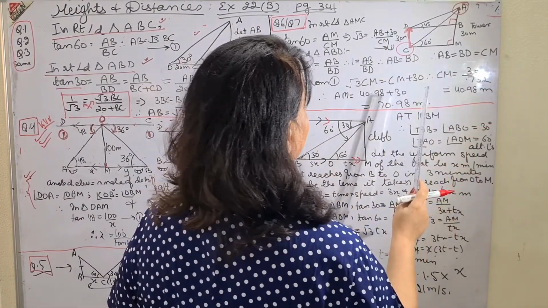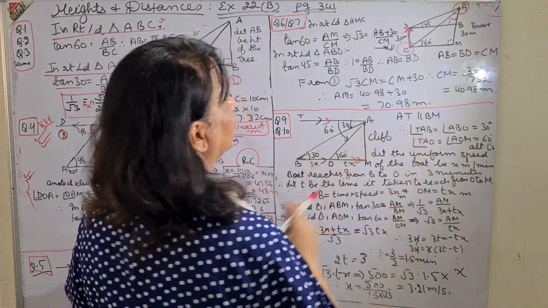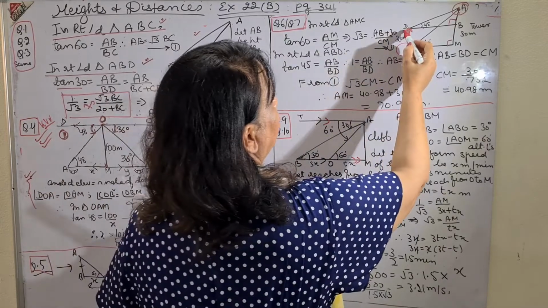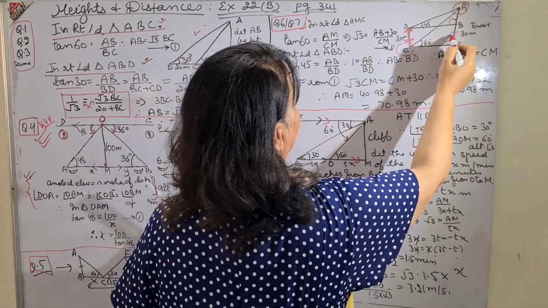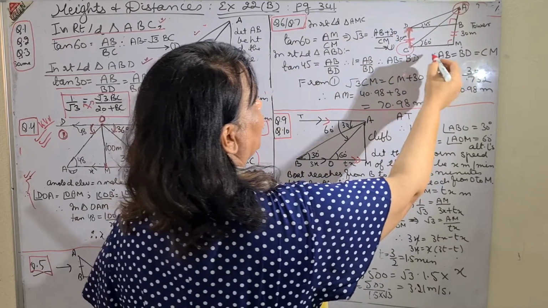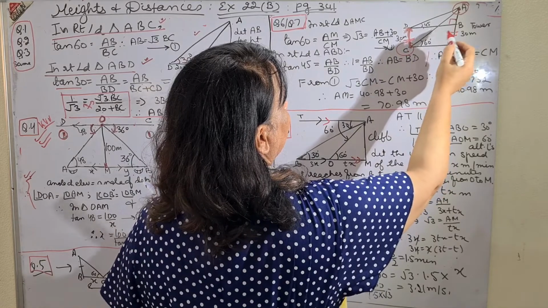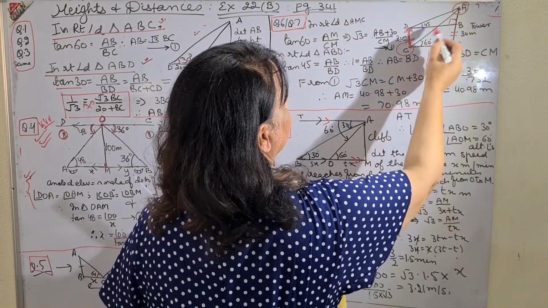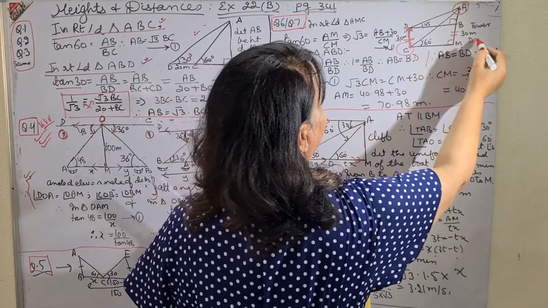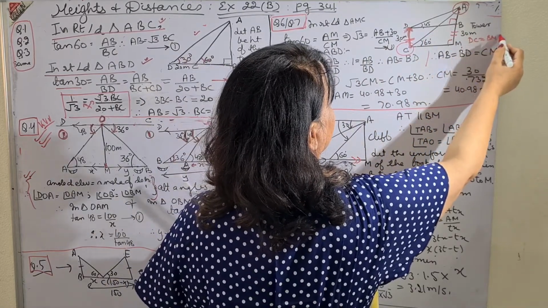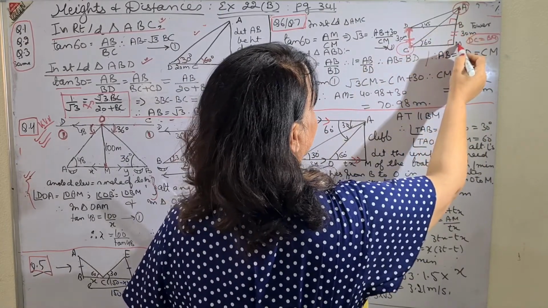See, very easy children. They have given me that CD is 30 meters above. Now you know that BMCD is a rectangle, so opposite sides will be equal, and this you are going to mention here. I have written here AB is equal to BD, DC is equal to BM. I will write here because they are opposite sides of the rectangle. So if DC is 30, BM is also 30.